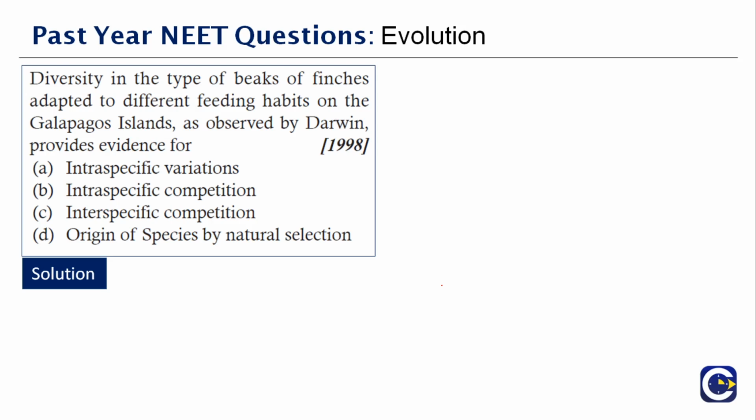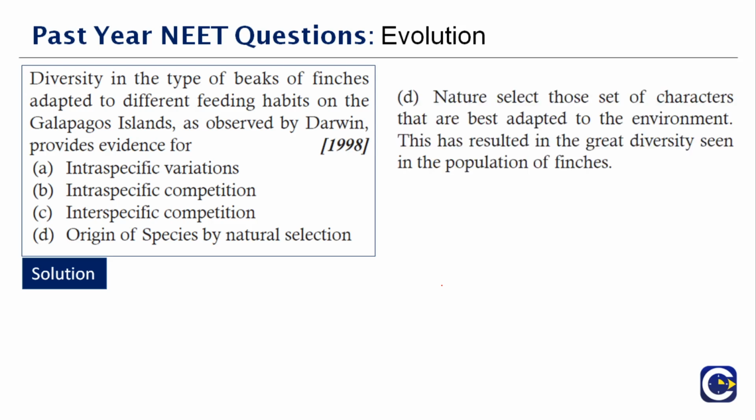Each bird feeds on different things. Take a woodpecker, the beak is different because it uses its beak to drill through the wood of the trees. We already discussed this in the earlier question, and we saw it was natural selection. So this provides an evidence for origin of species by natural selection. The right answer is option D.